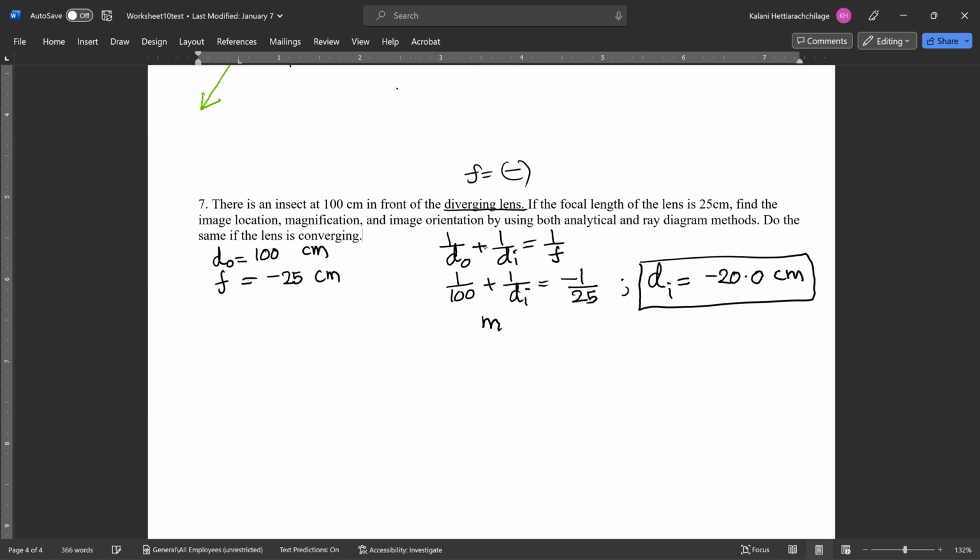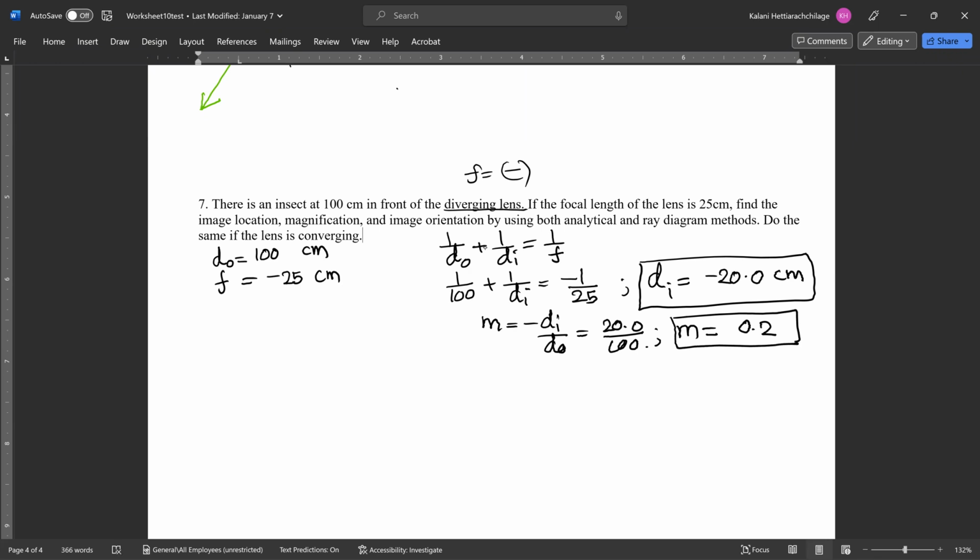And then magnification is negative di over d naught. So negative will cancel out, 20 divided by d naught, which is 100, right? So that will give me m equal to 0.2. So it is smaller in size, as we always expected.